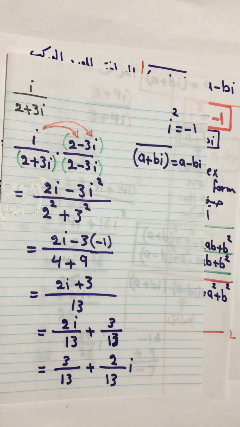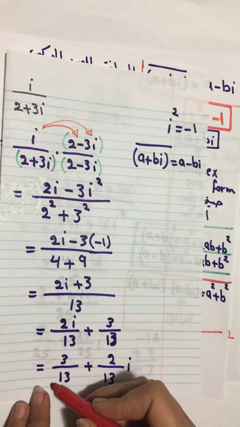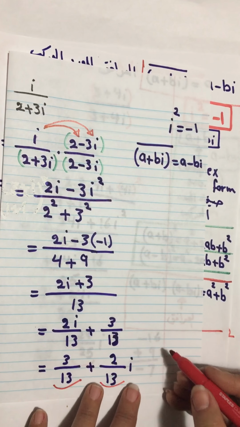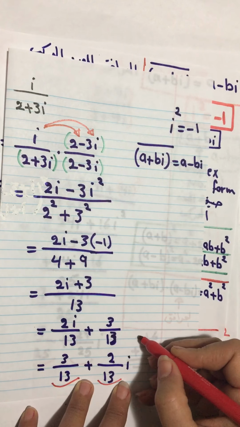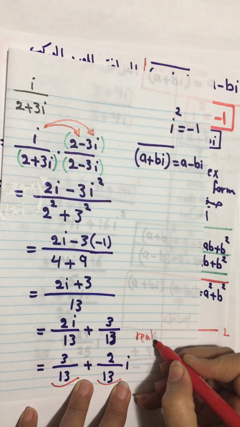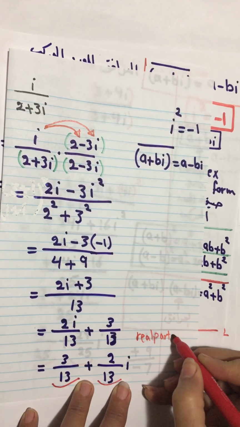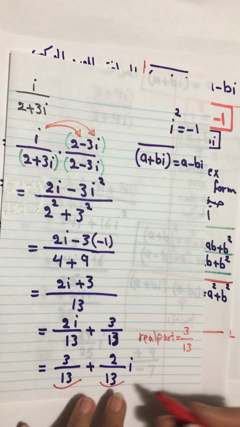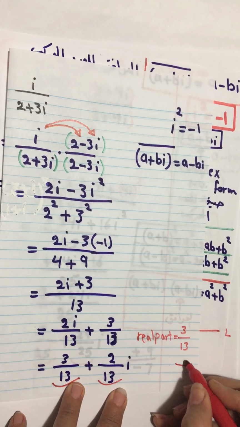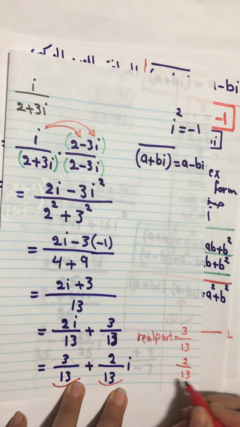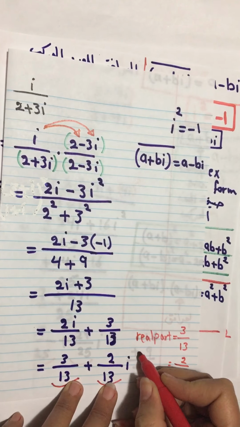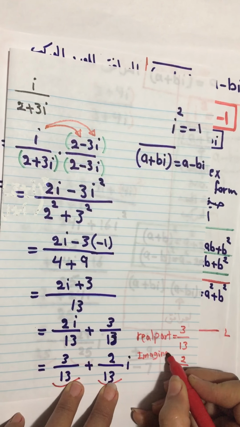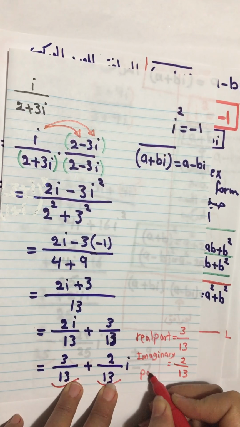So this is the real part and the imaginary part. So the real part equals 3 over 13. The imaginary part, it's 2 over 13.